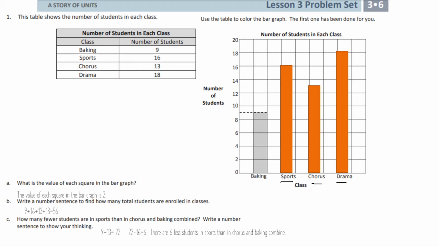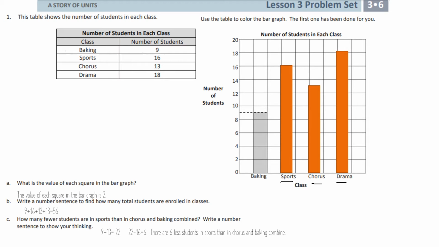And for problem C, it says how many fewer students are in sports than in chorus and baking combined. Write a number sentence to show your thinking. So I wrote, first I did 9 plus 13 equals 22, and then I did 22 minus 16 equals 6. Now 9 comes from baking, here.